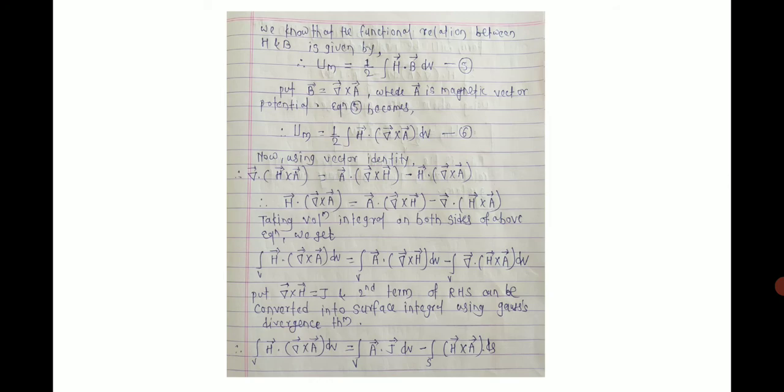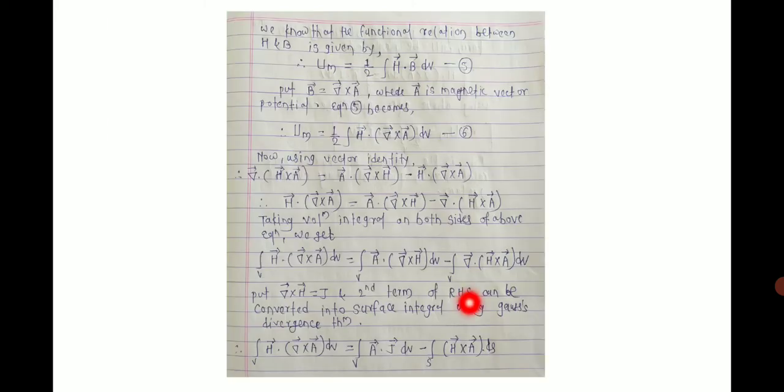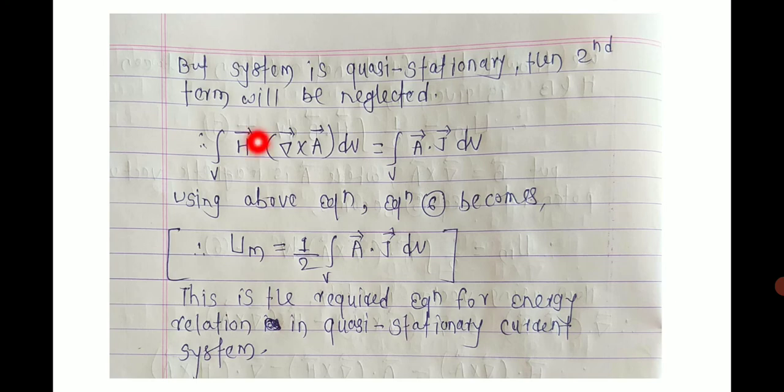But since the system is quasi-stationary, the second term, H cross A, is neglected, and the remaining term is H dot del cross A dV equal to integration of A dot J.